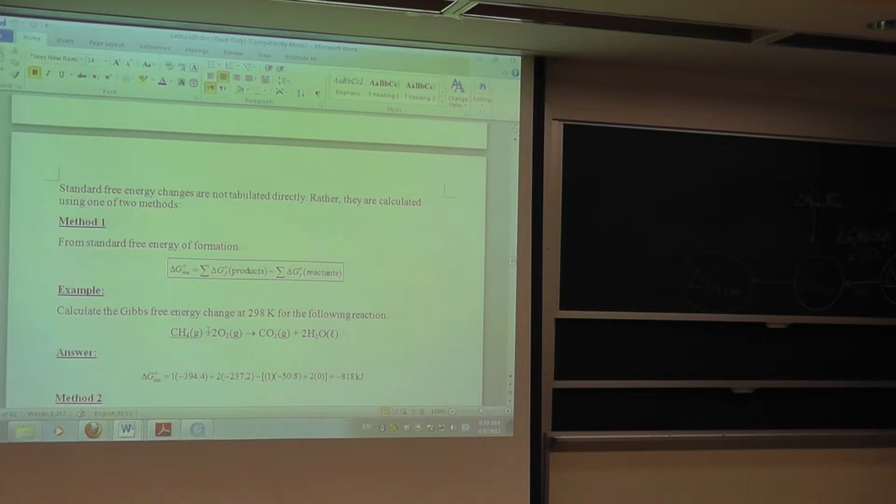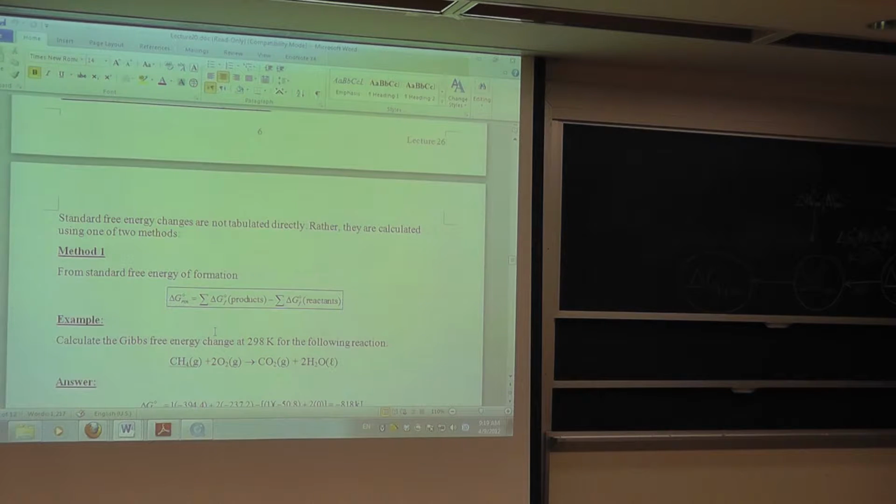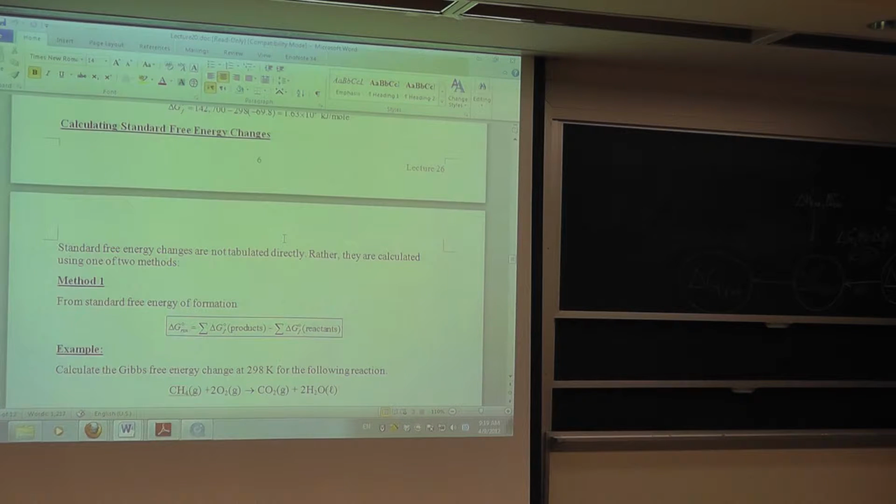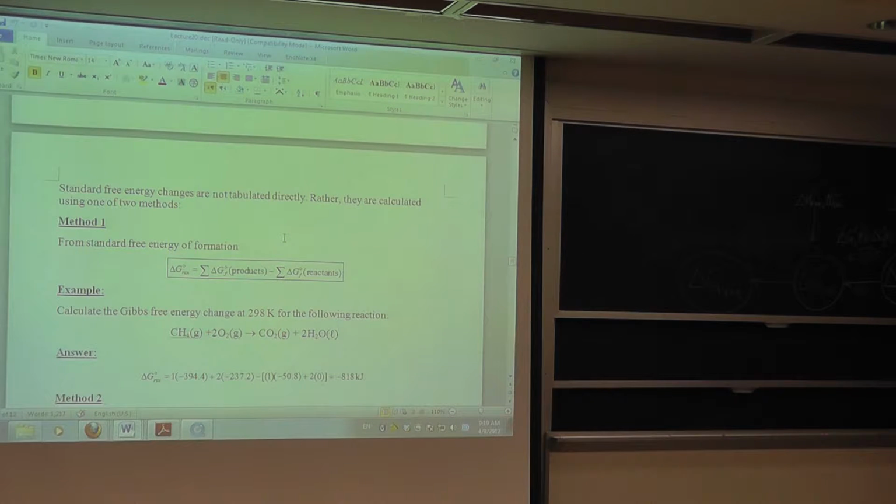It's 0 because it's an element in its standard state. The table does not have oxygen. It's 0. Yep. And the answer is minus 818 kilojoules. Okay, let's look at the answer here.